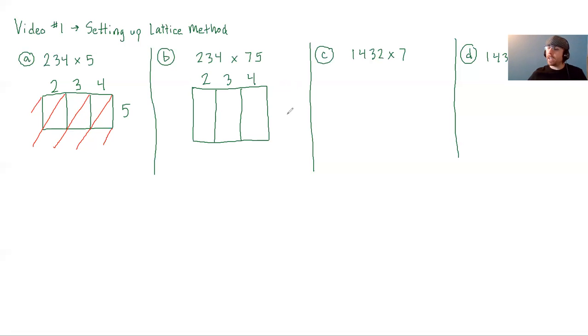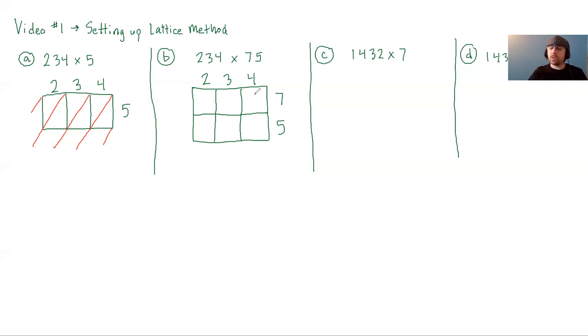And for the side number, I want to treat each digit separately, so there's going to be a 7 and a 5. That means I need to split it in half this way, 7 and 5. And so what we see here is a box that's cut into 6 different parts, 2 rows of 3 boxes.